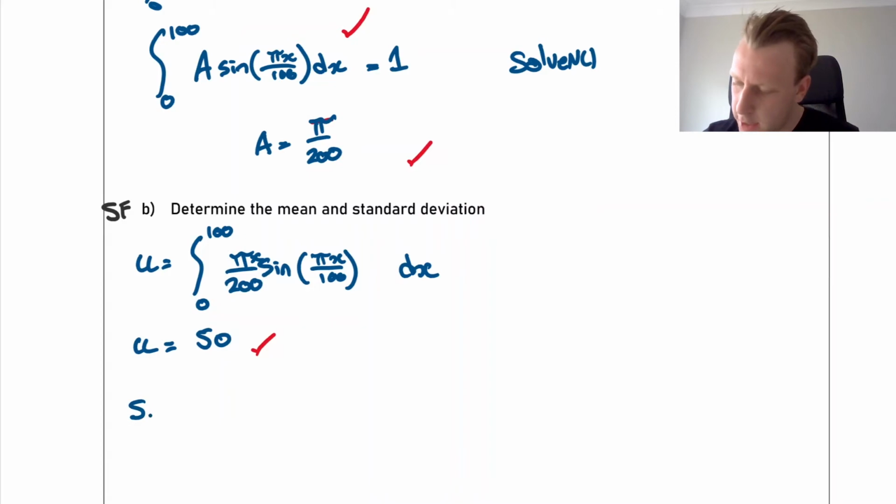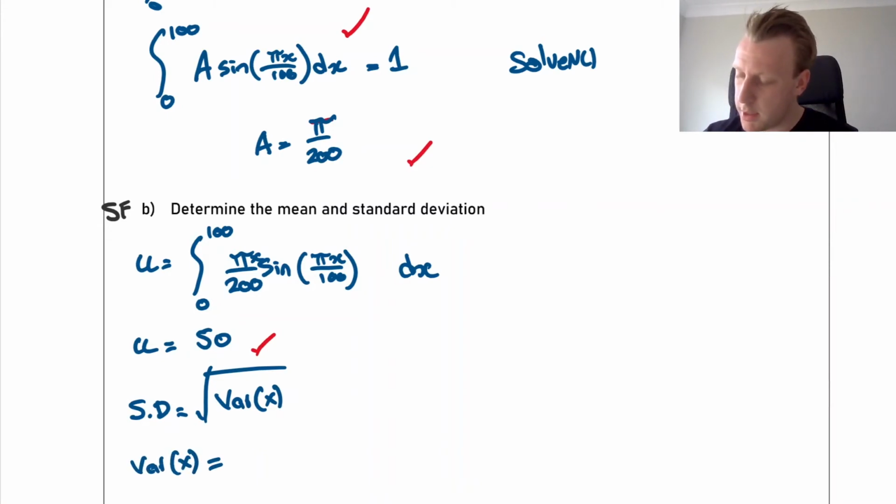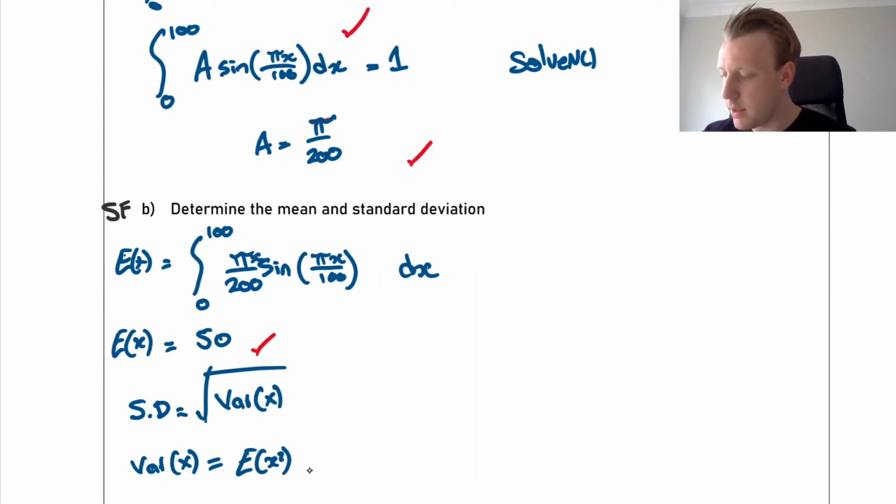Okay, the standard deviation is equal to the square root of the variance. Now the variance is equal to, and I'm just going to call this E of X for expected value, E of X squared subtract the square of the mean.